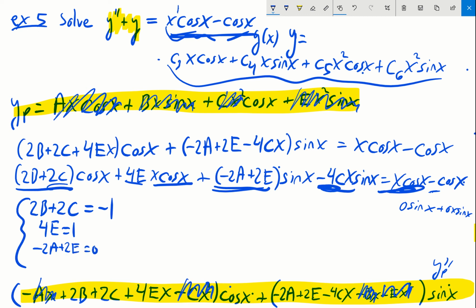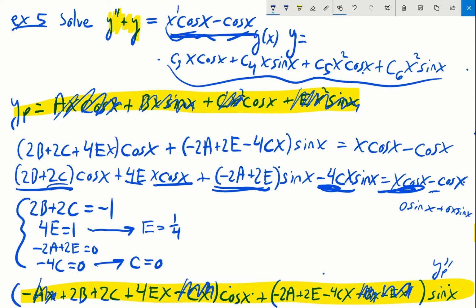And in addition to that, negative 4c would be equal to 0. And now from here, we should be able to go ahead and solve. This one here would imply that c equals 0. This one here would imply that e equals 1/4.